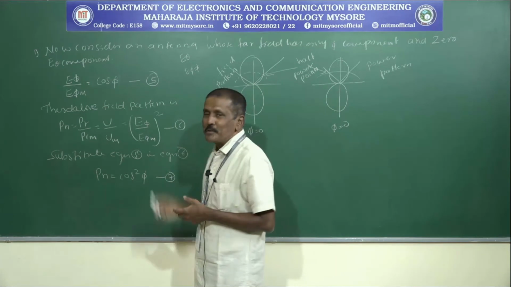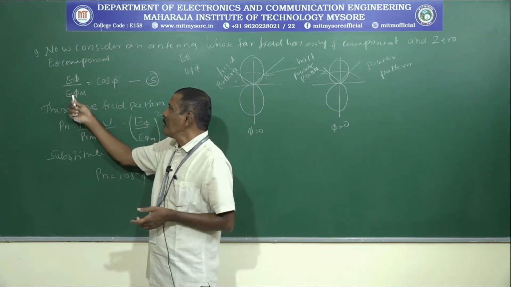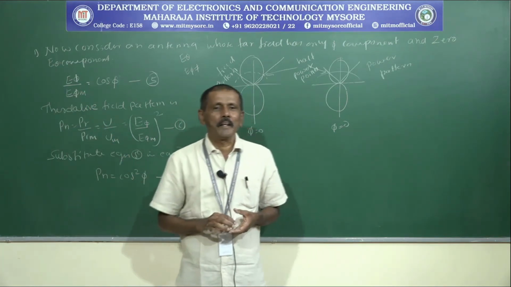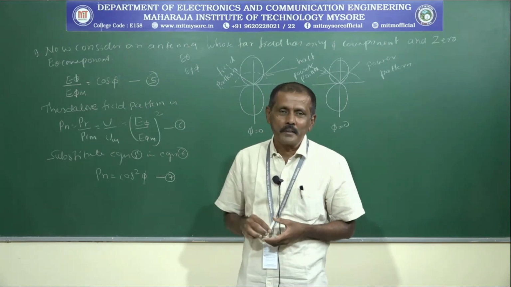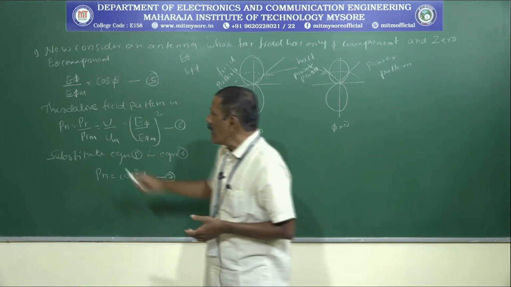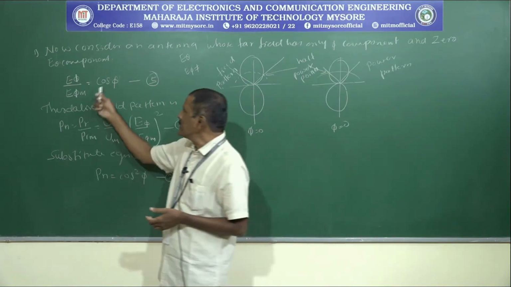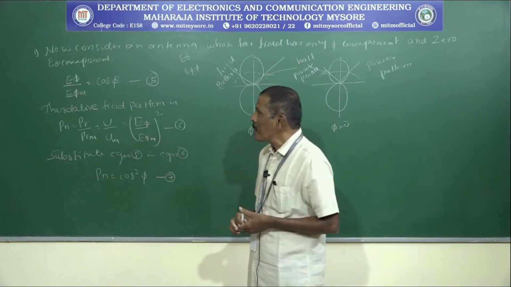In this case, because it contains only the E phi component, we can have the ratio E phi divided by E phi m, where E phi is the electrical field component at any point on the sphere, and E phi m is the maximum electrical field component. And this is equal to cos phi, we will call it equation number 5.